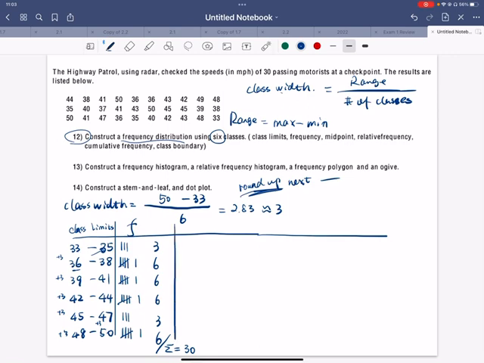Beyond class limits and frequency, we like to have the midpoint, the relative frequencies, and the cumulative frequencies along with class boundaries.